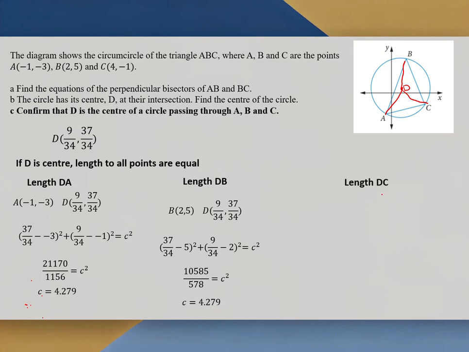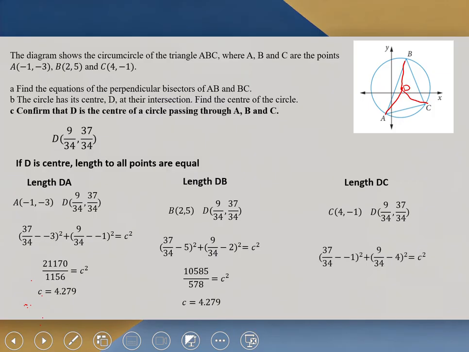If I do the same for DC, I grab my points C and D, I plug them into Pythagoras' theorem, and if I simplify, I end up having 4.279. So therefore, I can say that DA, DB, and DC are equal. Therefore, D is the center of the circle.